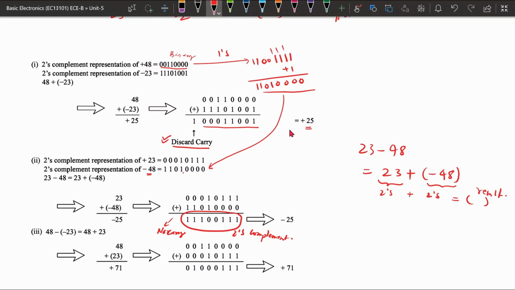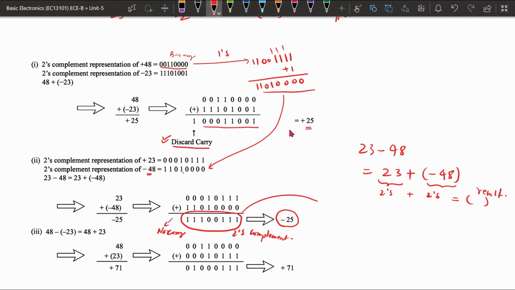The leading 1 means it is representing a negative number. If we check, we can see it is the 2's complement representation of 25.